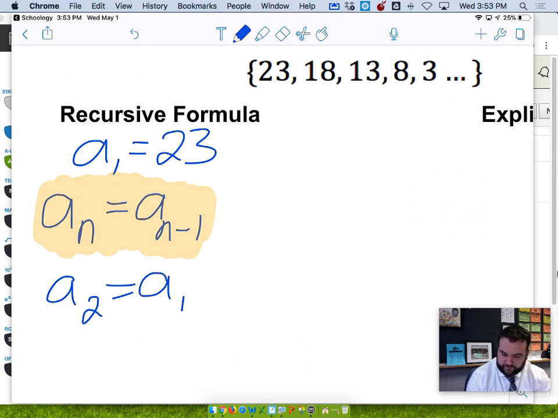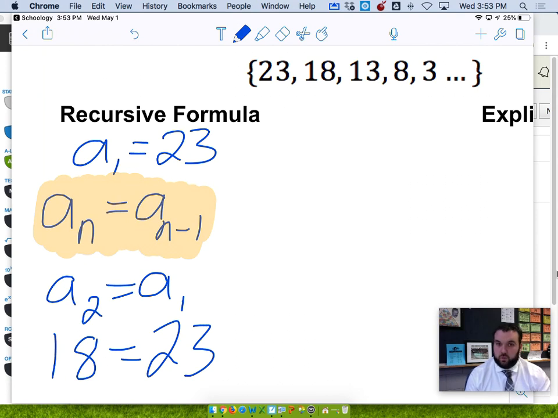Well, how do I get 18, which is my second term, from 23? Well, we saw that the pattern was to subtract 5 every time. So all I have to do is minus 5.